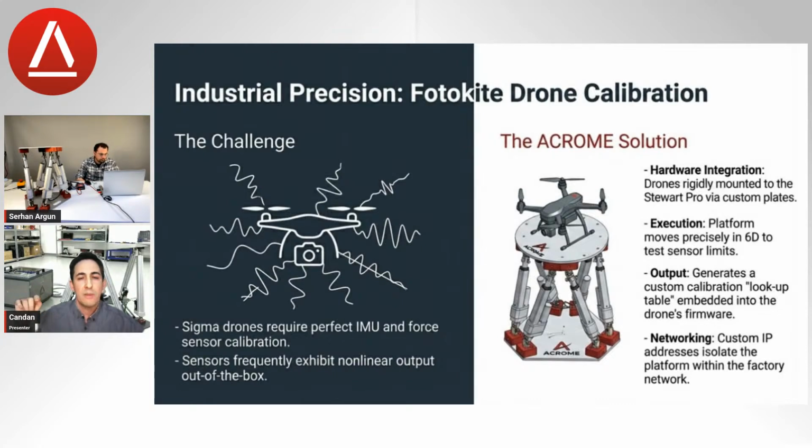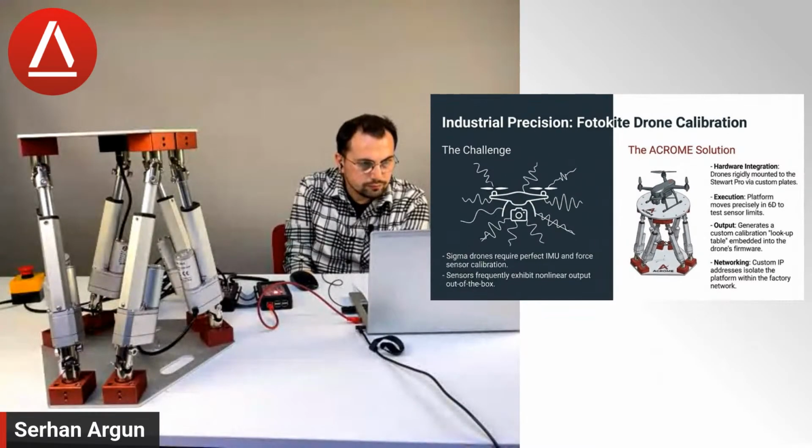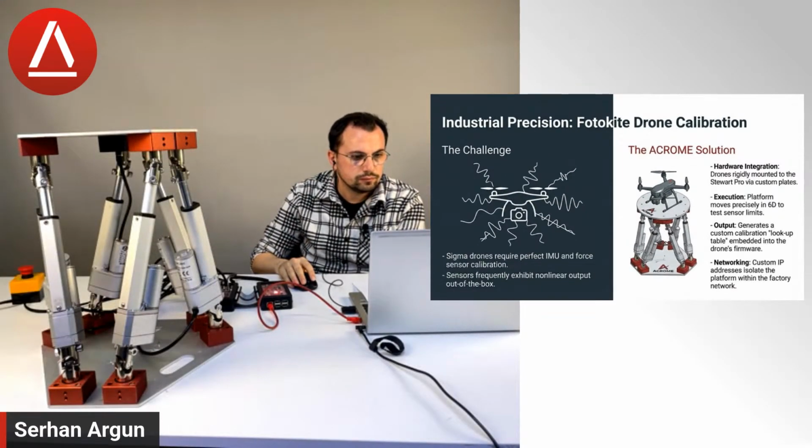When they hit run, there is a pre-recorded CSV file, and the platform starts moving. I think Serhan also prepared a similar demo with us, not exactly the same file, because, as I mentioned, it takes approximately 10 minutes.